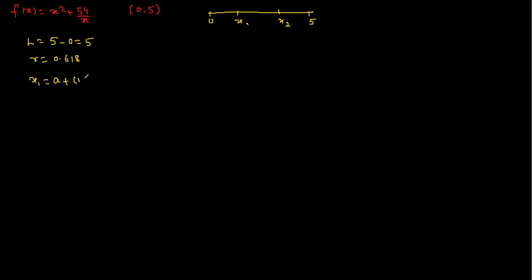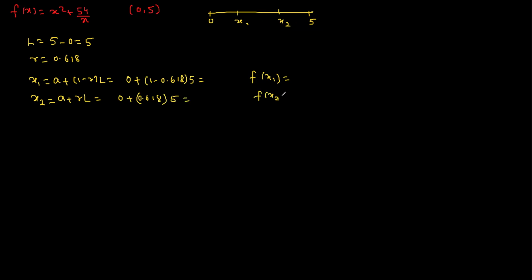This is 1 minus r into L. A is 0, plus 1 minus r, L is 5. Tell me the value of this. And x2 is? Yes. Tell me the value of this and this also.